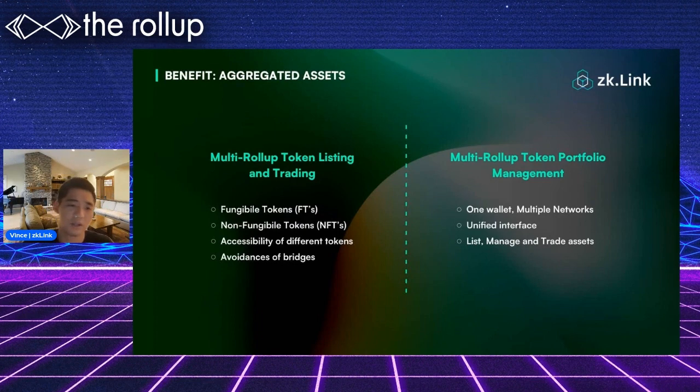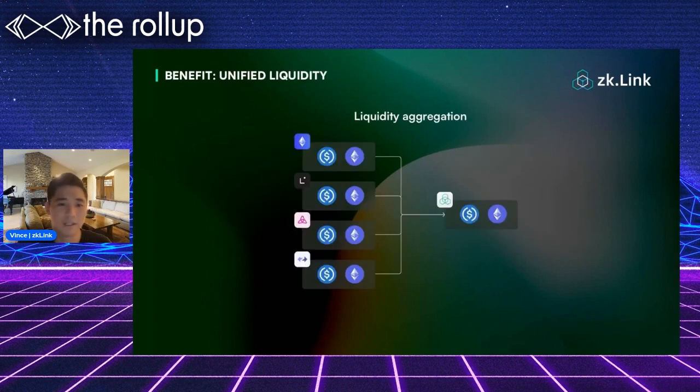And also, a user can manage their multi-chain token portfolio using one wallet on a unified user interface. And yeah, another important aspect of this solution is that this unified layer 3 will be much needed as the liquidity fragmentation becomes more of a problem when layer 2s grow bigger than today.